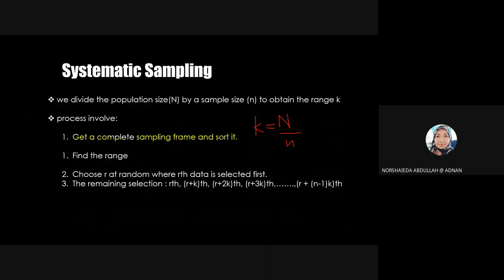Okay, so capital N tu is the population size, small n is the sample size. Okay, so katalah population kita tadi 1000 and sample size yang kita nak is katalah 50. Okay, 1000 divide by 50.